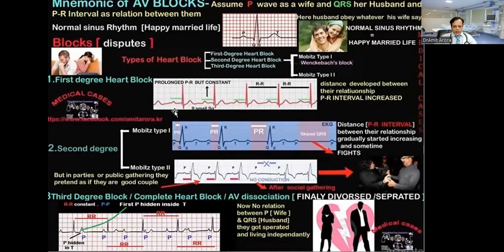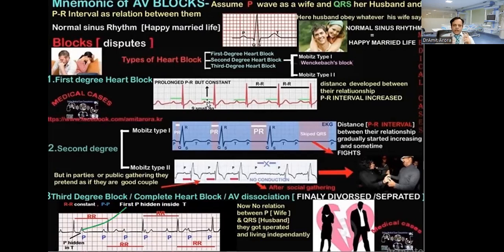And after some time, husband and wife get a little bit bored. So the relationship bond, the PR interval, gets a little bit stretched, the difference between a newly married couple and the others. With time, this PR interval prolongs.